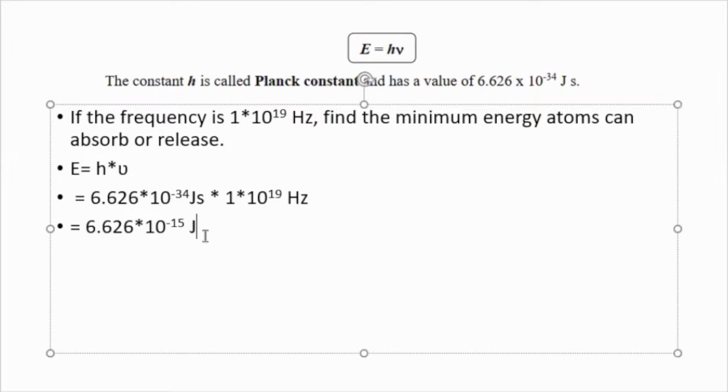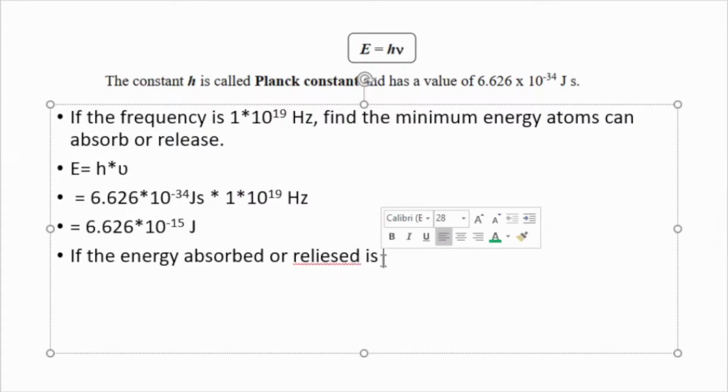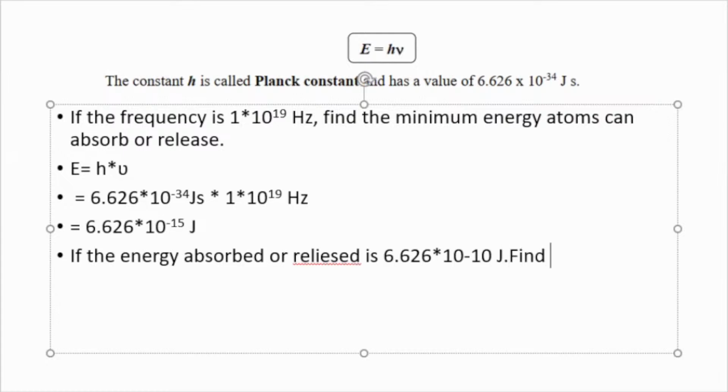Okay, I will give you another one. You need to do this: if the energy absorbed or released is 6.626 into 10 to the power minus 10 joule, find the frequency.